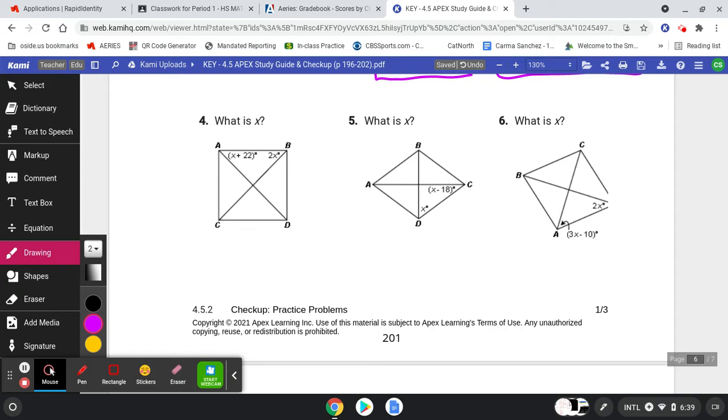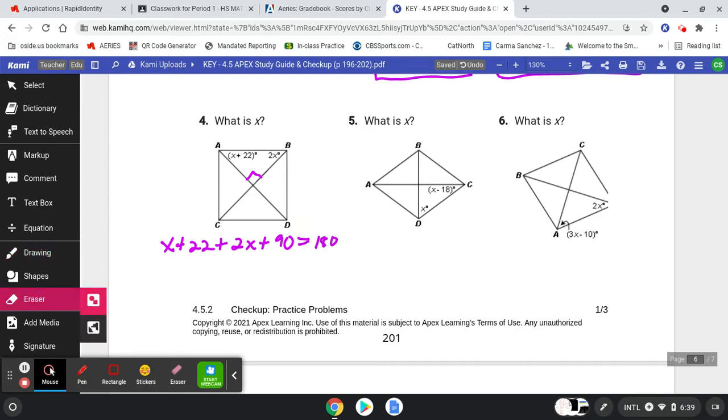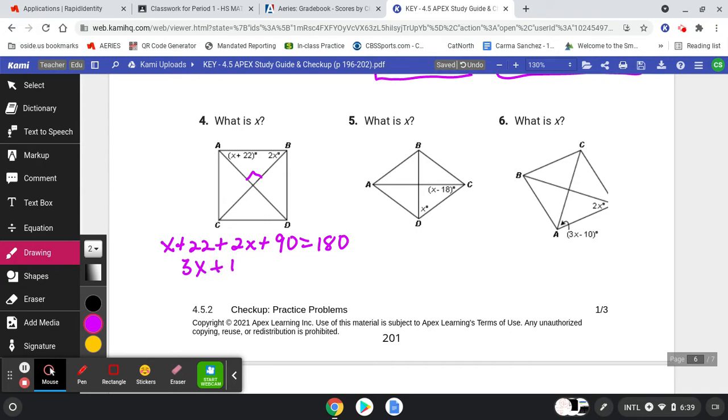Okay, what is x? Remember that we know this right here is 90. So we'd set this whole thing equal to 180 for those interior angles. We'd say x plus 22 plus 2x plus the 90 all adds up to 180. So I've got a total of 3 x's. I've got 90 plus 22, which gives us 112.